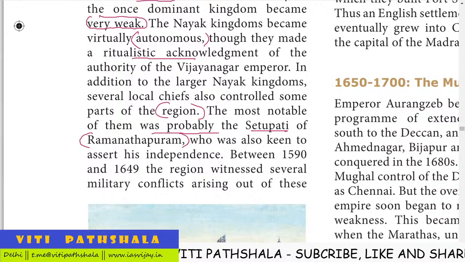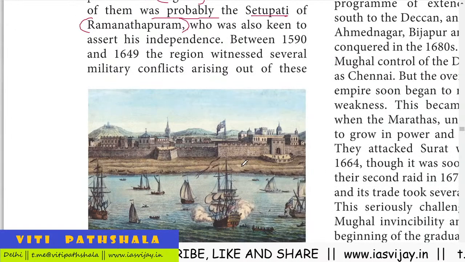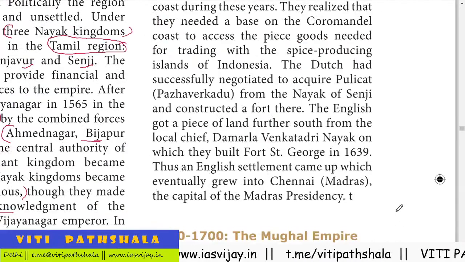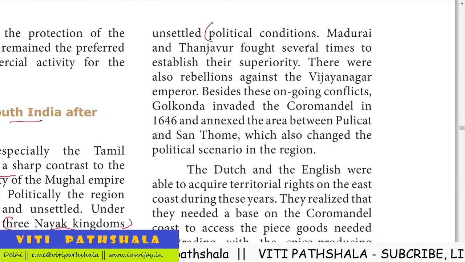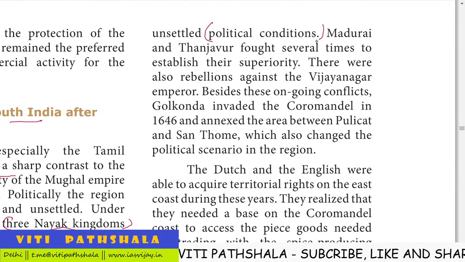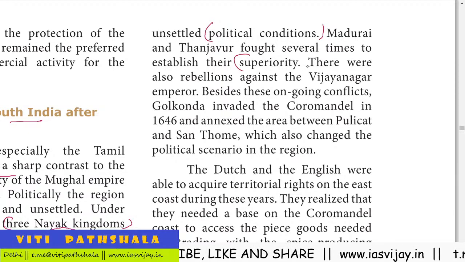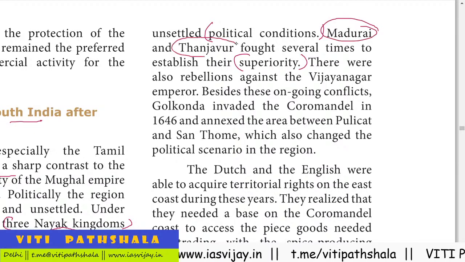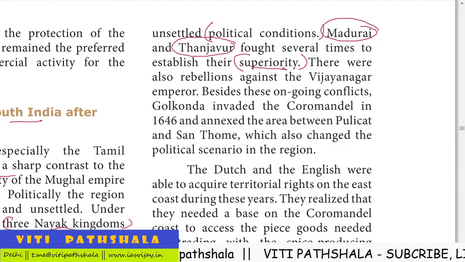Between 1590 and 1649, the region witnessed several military conflicts arising out of this unsettled political condition. Madurai and Tanjavur fought several times to establish their superiority. So Madurai and Tanjavur will also fight among themselves to establish their superiority.